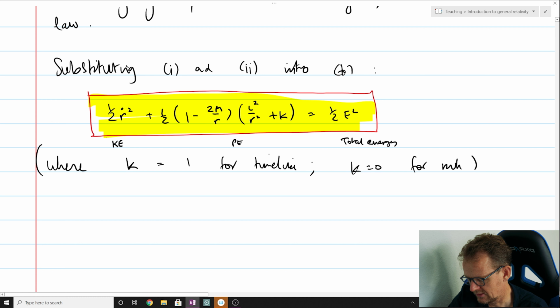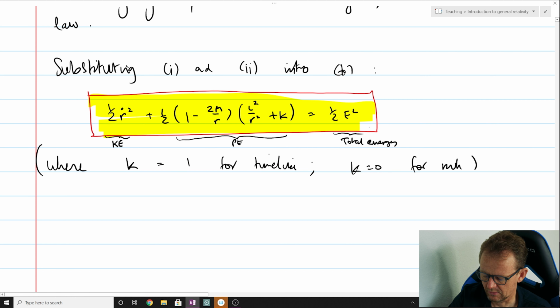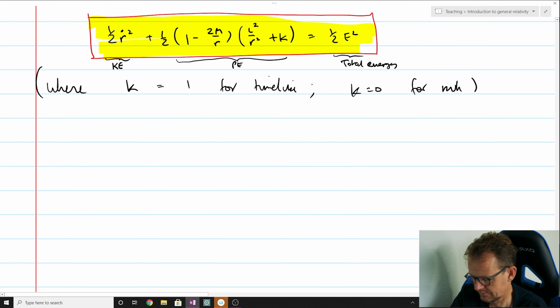And if you look at this equation, thinking about those words, you should recognize this equation that we have in the box here as an equation of motion for a free particle of unit mass, under the influence of this strange potential, and with the total energy half e squared. Now, this is one of the most familiar aspects of mechanics, right?